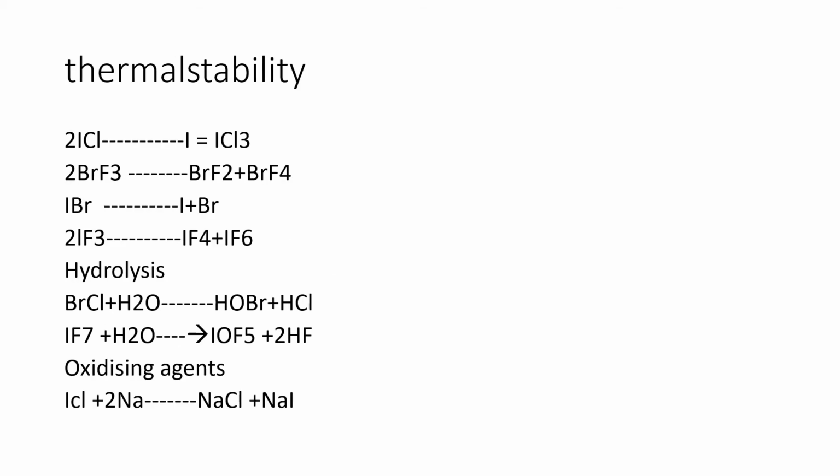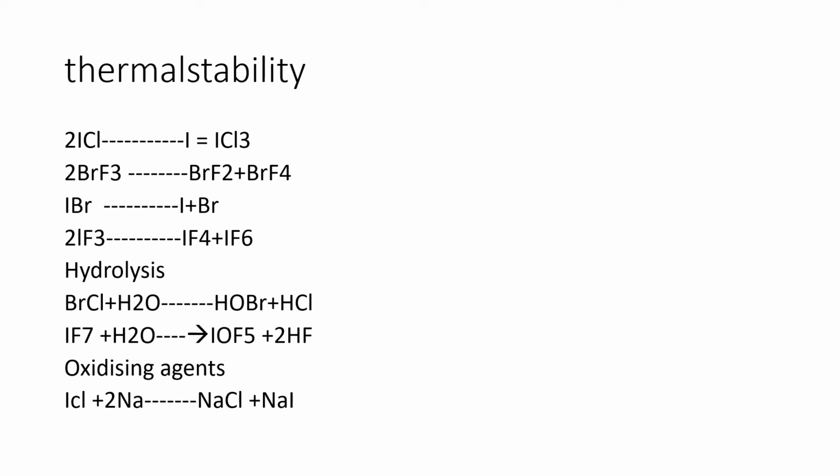Now come to the thermal stability. Interhalogens are stable in nature, and here, due to the presence of a polar bond, because there is a difference in electronegativity, these compounds undergo ionization, giving cations and anions.